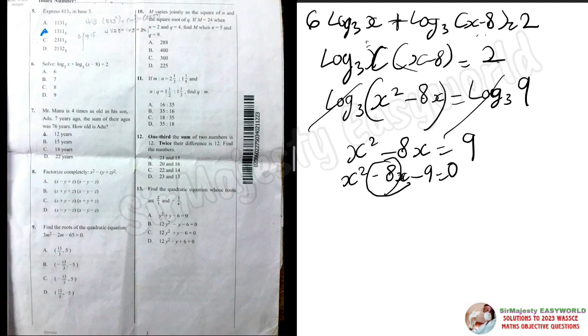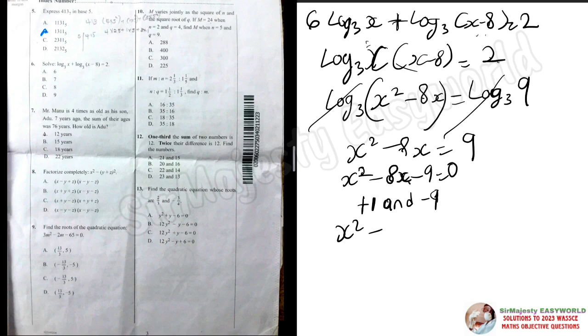Okay, sorry, those two numbers will be plus 1 and minus 9, because you know that minus 9 times 1 is minus 9, and minus 9 plus 1 is minus 8.